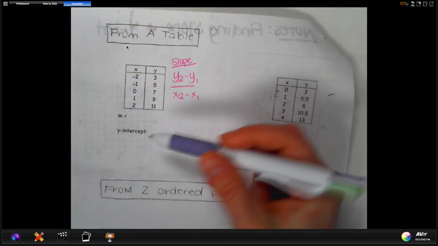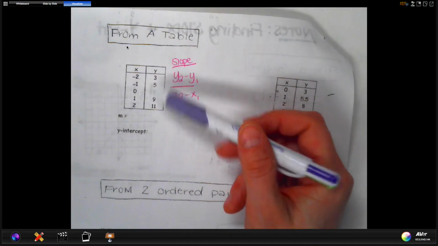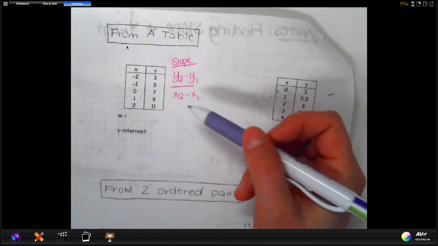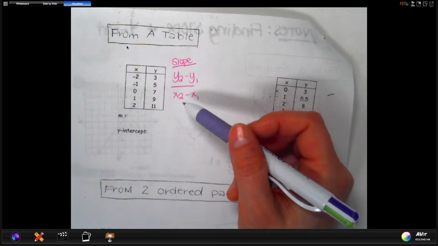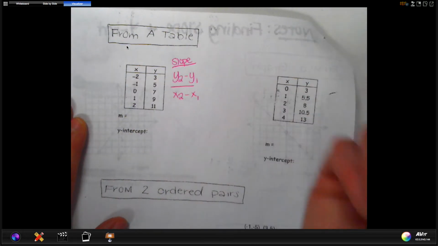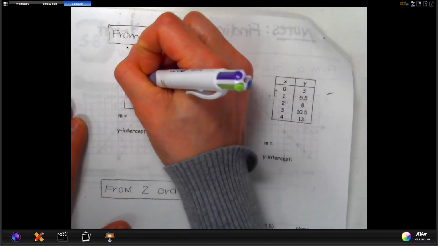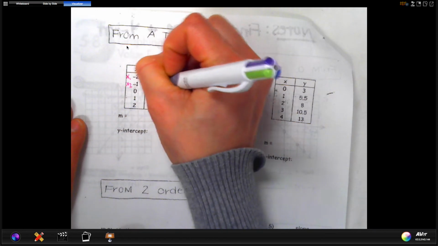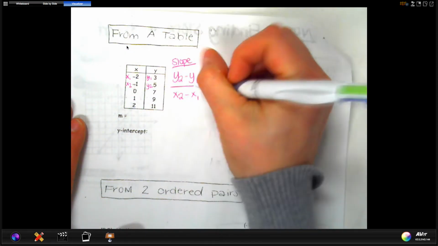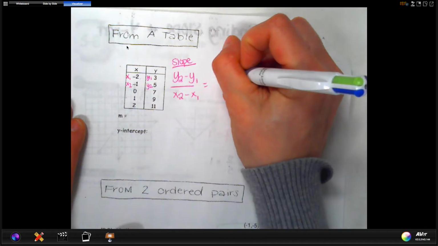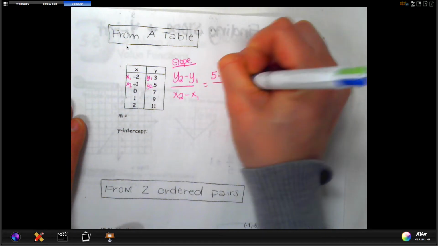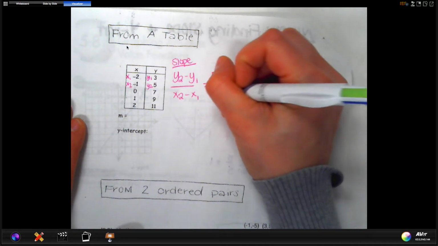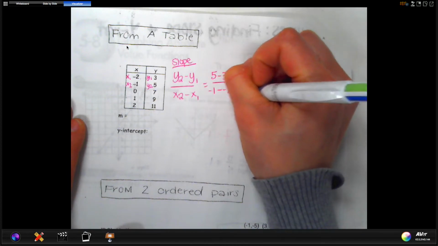Okay, so you can really pick any two sets here to be your x1, y1. I try to keep it as simple as possible, and I just use the first set. So this is x1, x2, and then we're going to use this as y1, y2. And we'll plug in the numbers. So y2 minus y1 would be 5 minus 3, and x2 minus x1 would be negative 1 minus negative 2.